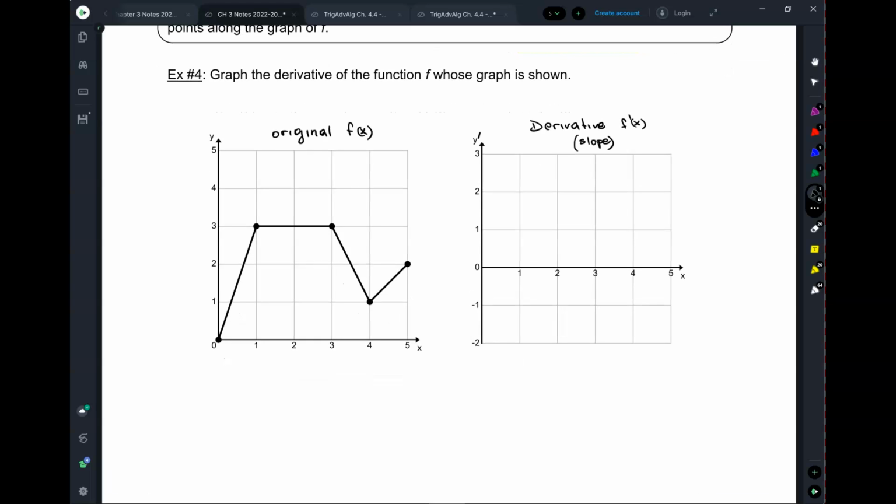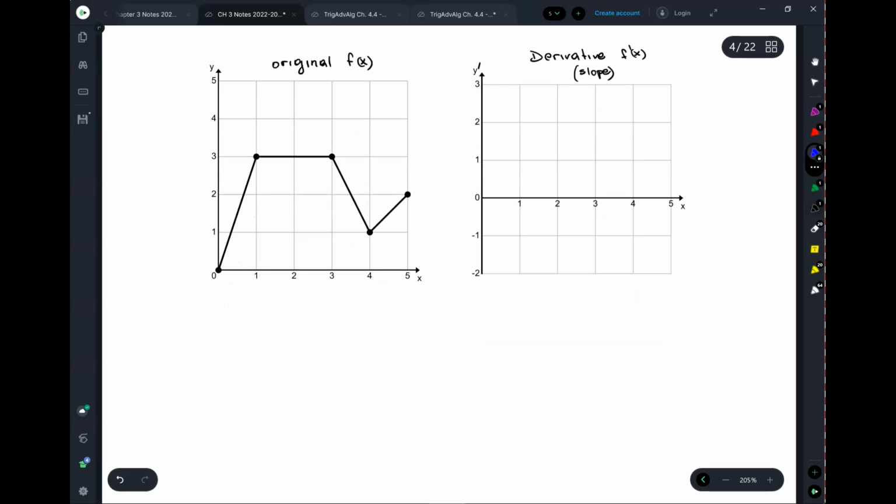The simplest case when we're doing this is when we have a graph that is all segments, because when they're linear segments like this, it's so easy to find the slope. We've been finding slopes of this since pre-algebra. So I have here 4 different segments. Take a look at the first segment. This segment lives in the interval from x equals 0 to x equals 1.